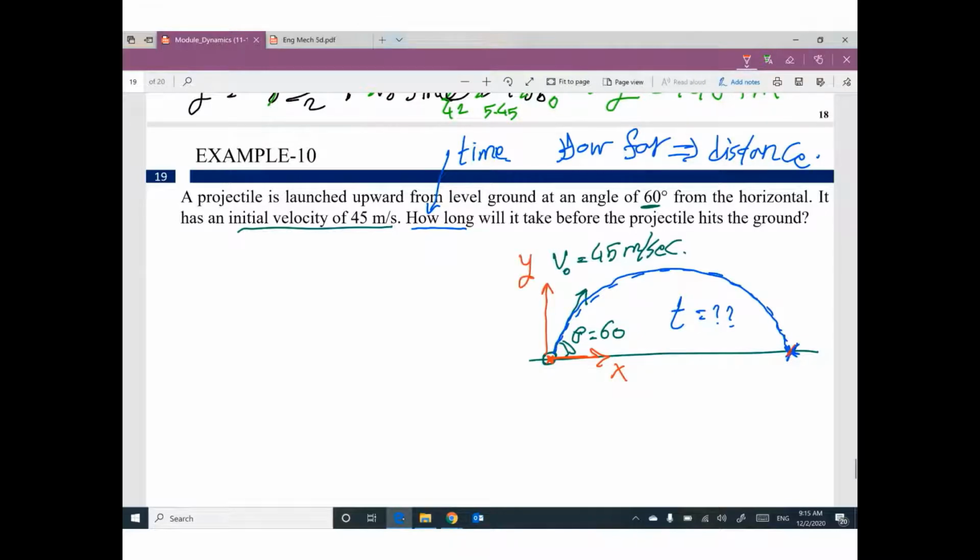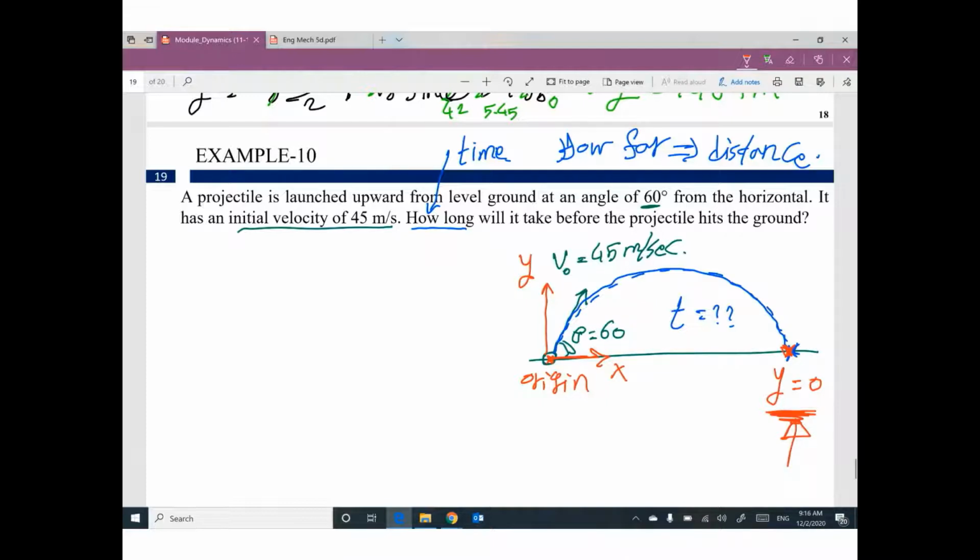At the final destination, what is the value of y here? Do you have any vertical distance for the final destination related to this origin? I believe no. y equals 0. This is the start point. This is the key of the problem.